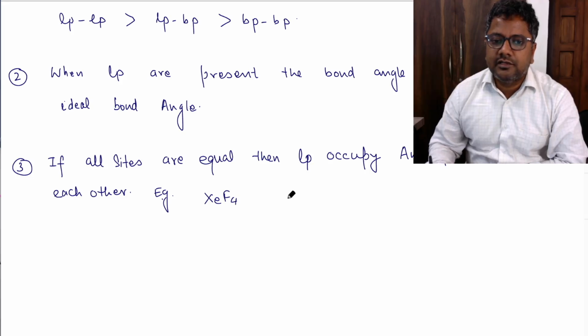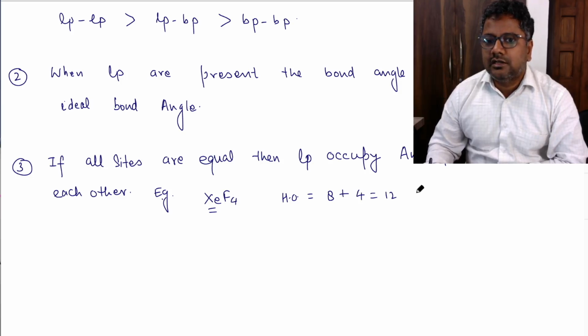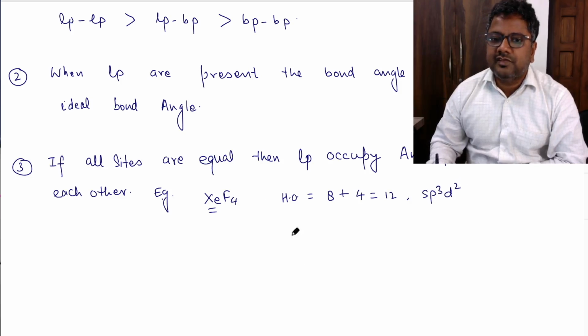XeF4. The number of hybrid orbitals here: valence electrons 8 plus monovalent 4, so 12, divided by 2 gives 6. So hybridization is sp3d2. How many atoms are there for bonding? 4.